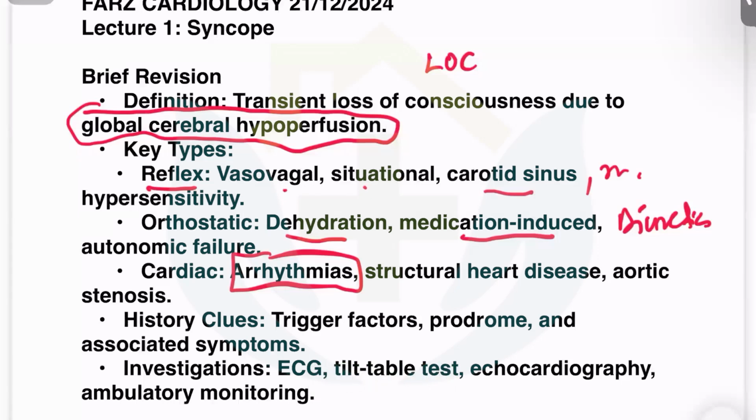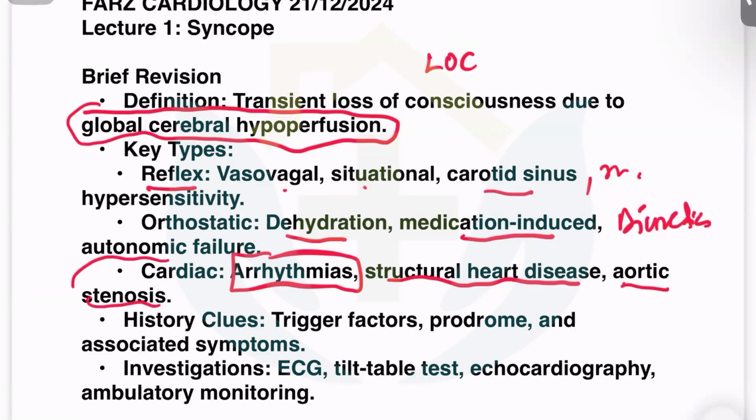That means there is LV dysfunction. Then comes the bradycardia part, that is complete heart block, second degree Wenckebach, Stokes-Adams attacks, and so on. Structural heart diseases like hypertrophic obstructive cardiomyopathy can cause syncope. Aortic stenosis, a valvular heart disease, can also cause syncope.